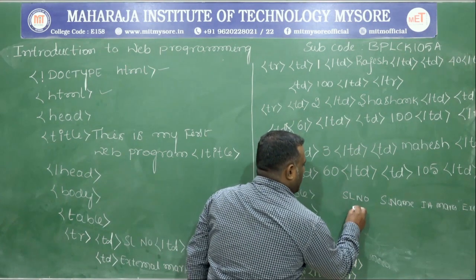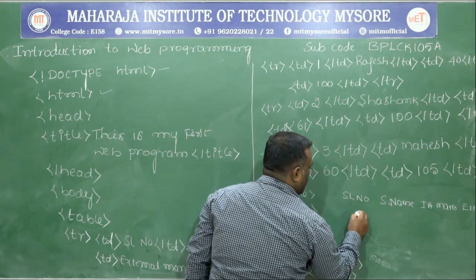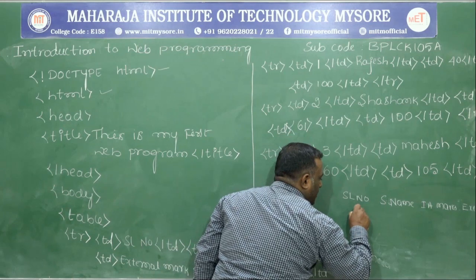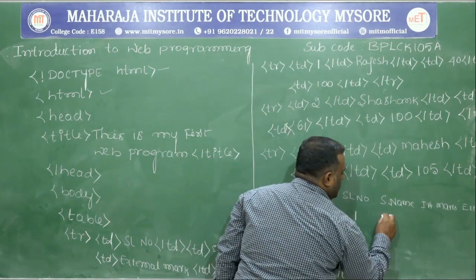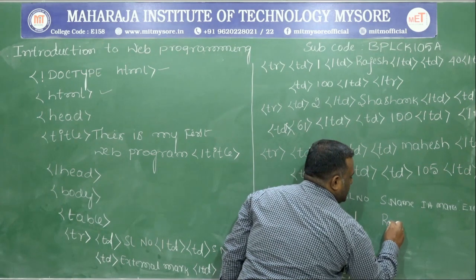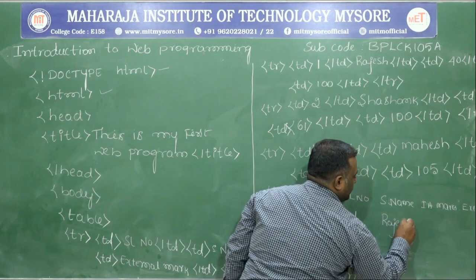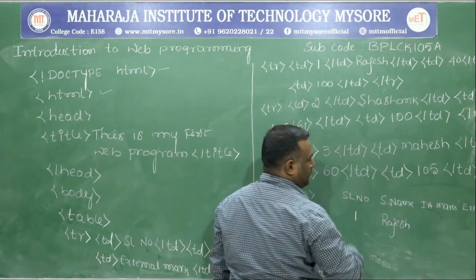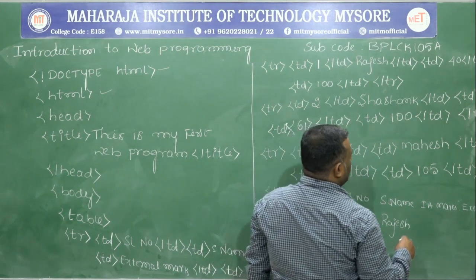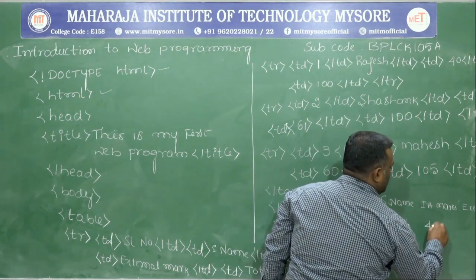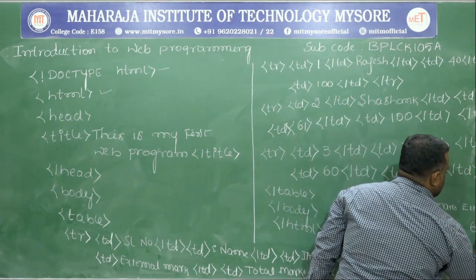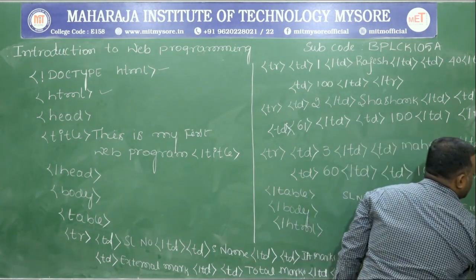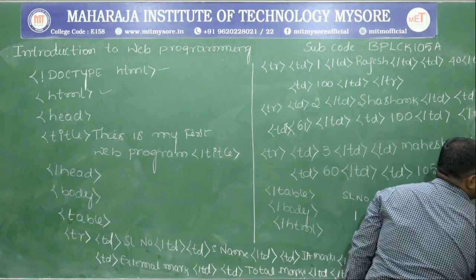Okay, after executing this table row, you will get 1 under the serial number, and the student name gets Rajesh, and then IA marks 40 and external marks 60, and then total marks 100.